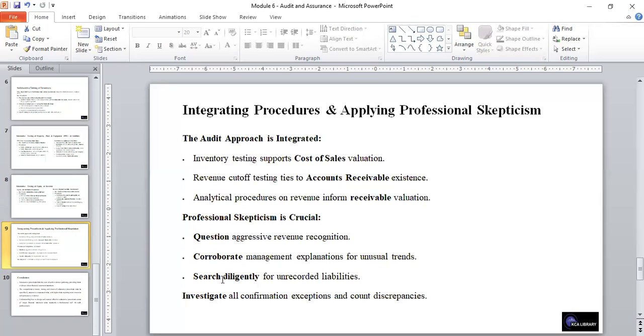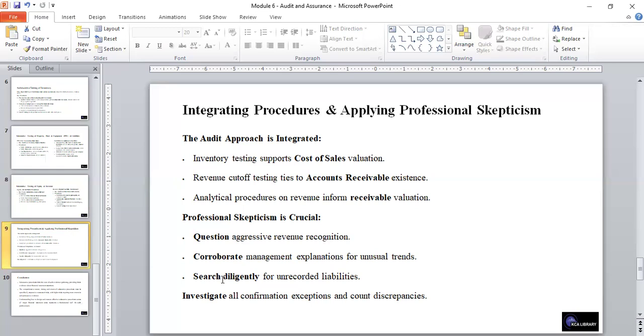And professional skepticism, which is actually crucial, also questions aggressive revenue recognition. It also corroborates management's explanation for unusual trends, and lastly, it searches diligently for unrecorded liabilities.